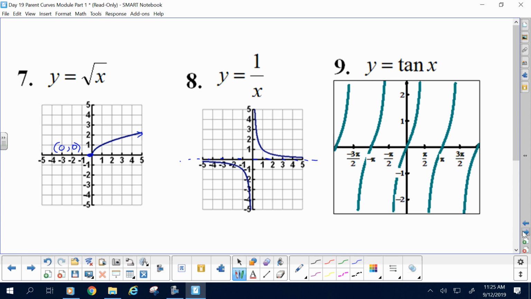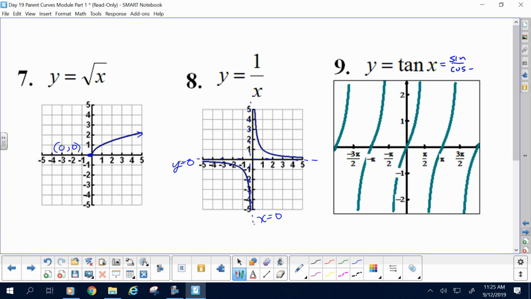What's the equation of the horizontal asymptote? Y equals 0. I know it's the x-axis, but y is always 0 there, not x. What about at the y-axis? X is always 0. And then tangent and cotangent, sine and cosine, we just put on for your reminder. But remember, why does it have asymptotes at all?